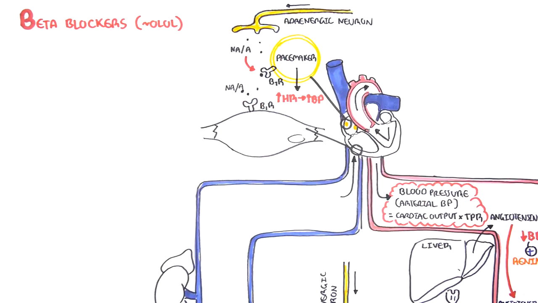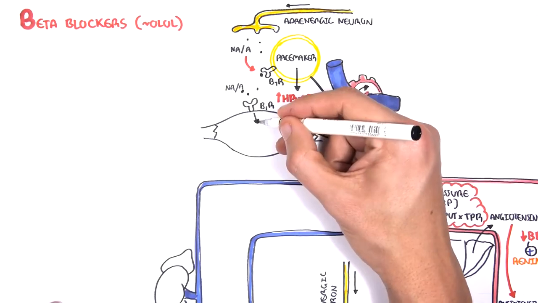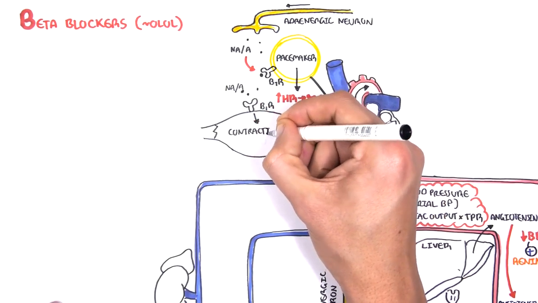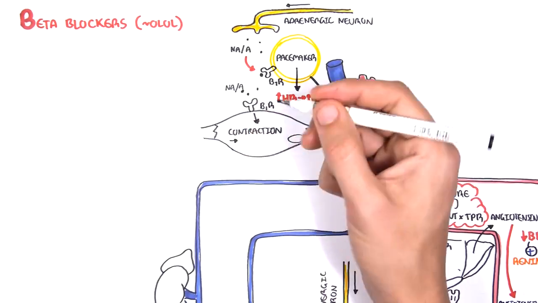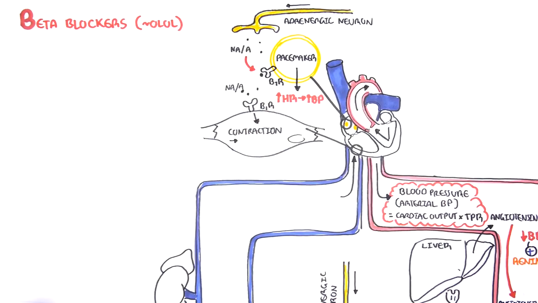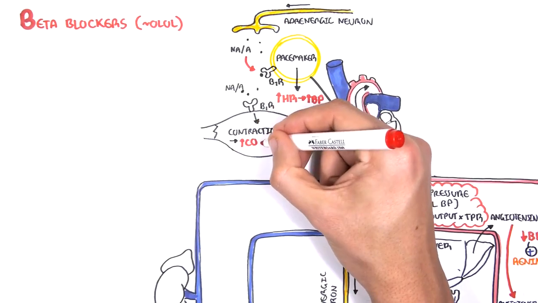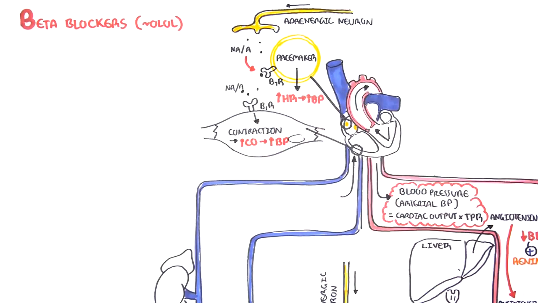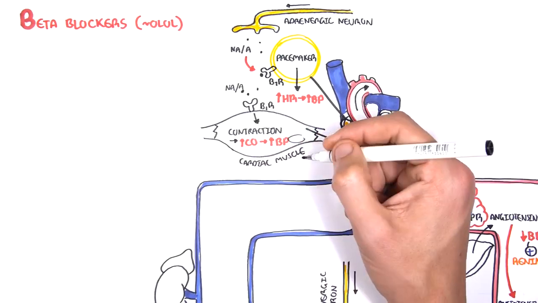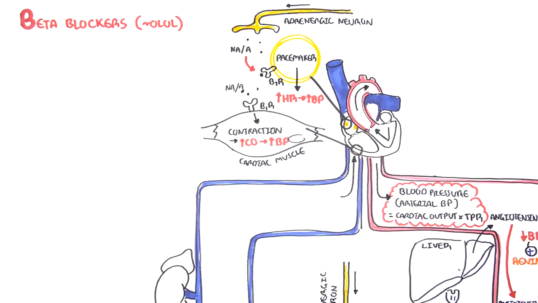So noradrenaline and adrenaline released by adrenergic cells of the sympathetic nervous system can stimulate the beta 1 receptors of the cardiac muscle cells, which will cause the cardiac muscle cells to contract stronger. To be exact, it will lead to a more powerful contraction. With a more powerful contraction, the heart is able to increase cardiac output. And because you're increasing cardiac output, you will increase blood pressure.